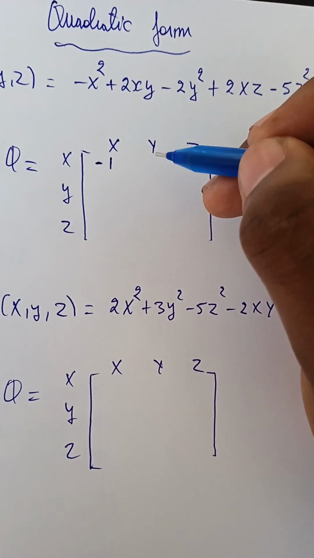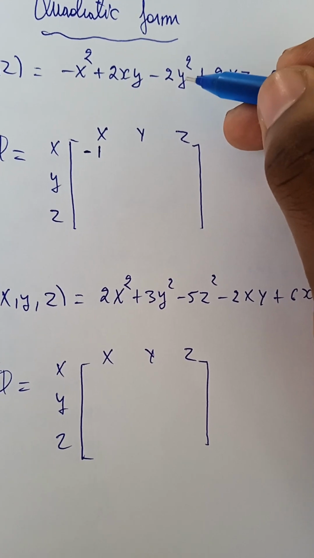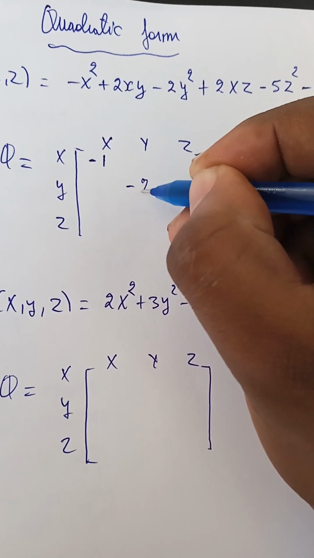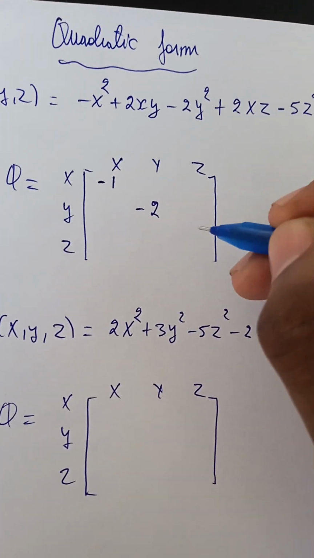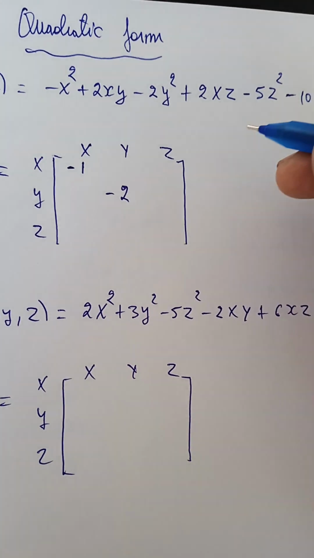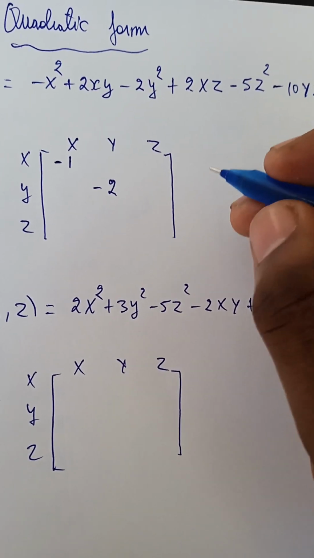Y times y is y squared, the coefficient is minus 2. Z times z is z squared, the coefficient of z squared is minus 5.